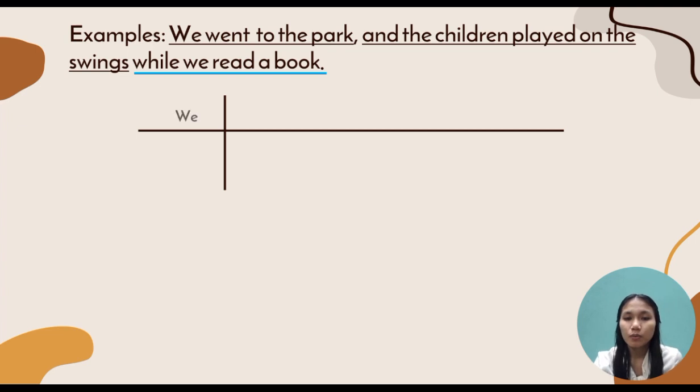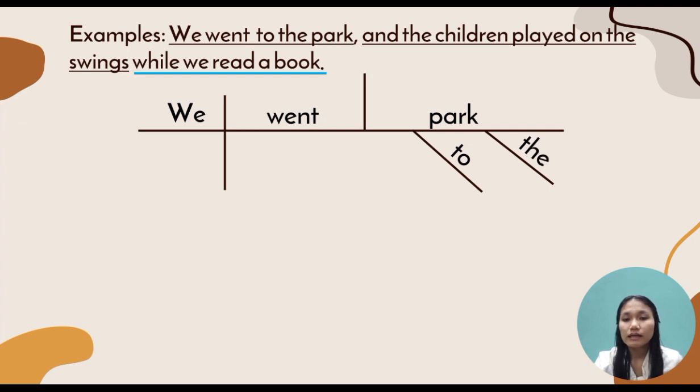We is the subject, went is our verb, and park is our direct object. To the should be written below our direct object using a slanting line.